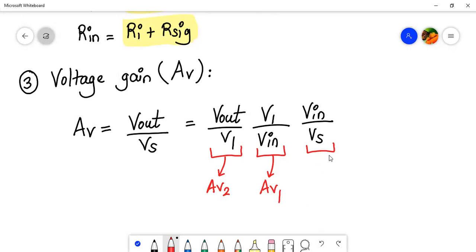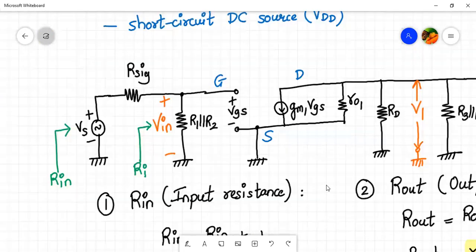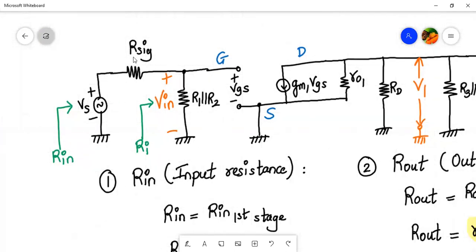Okay. So let us calculate this quantity now. V in upon Vs. So what is the relation between V in and Vs? It's a simple voltage divider, right? So V in will be equal to Ri, which is R1 parallel to R2, divided by R sig plus R1 parallel to R2.